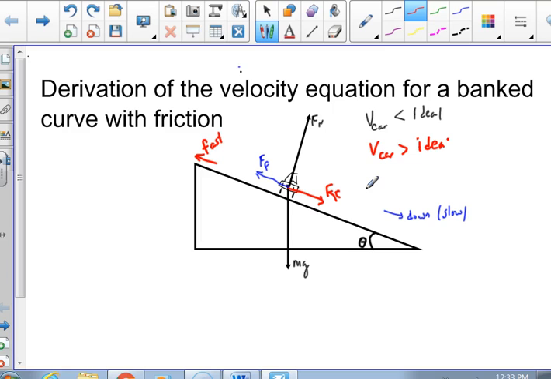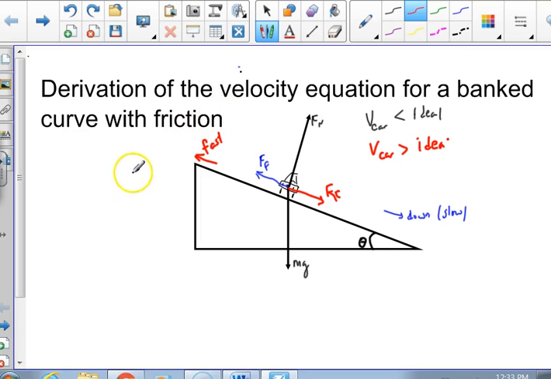So what we would like to do today is to try to derive the equation for the velocity of the car that would be considered safe for a banked curve with friction.